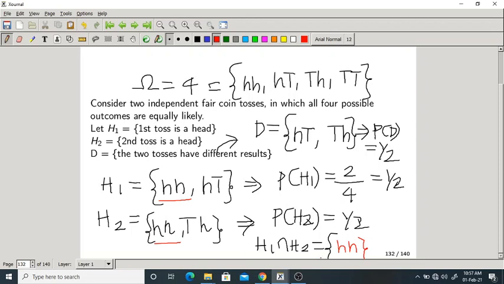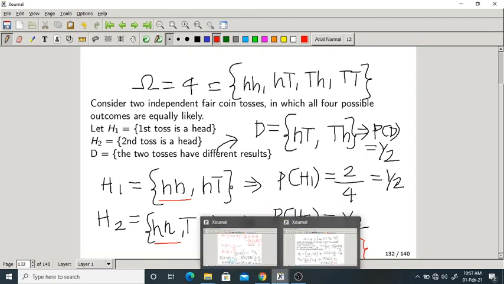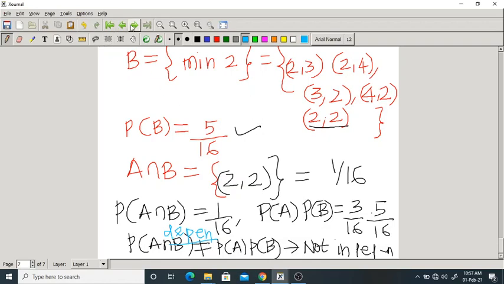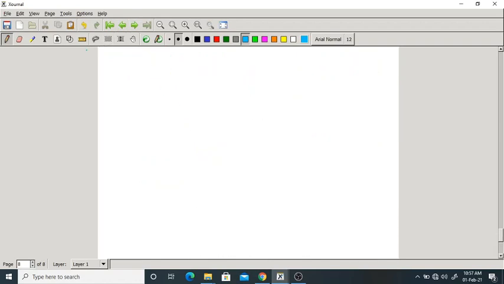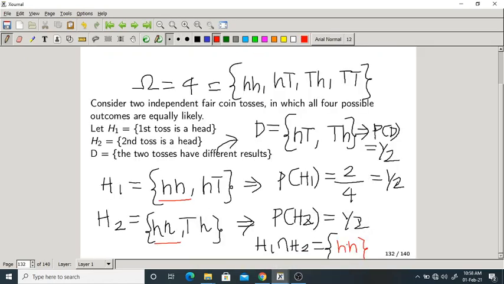Now can you tell me the probability of H1 intersection H2 given that event D? H1 intersection H2 has only one element. What is that? HH.